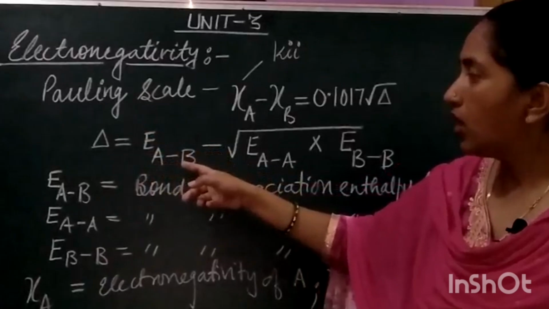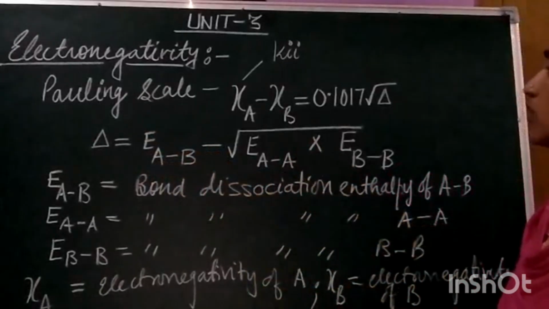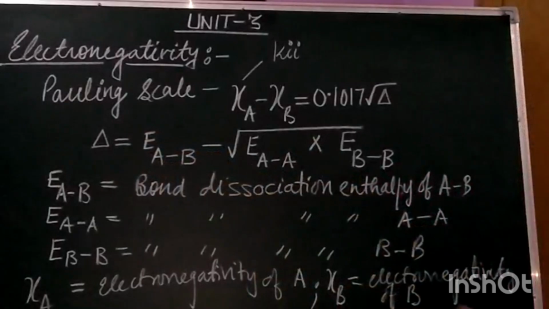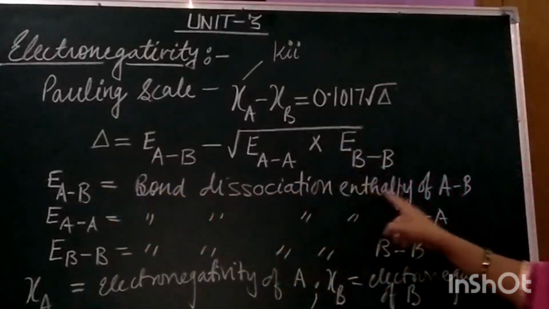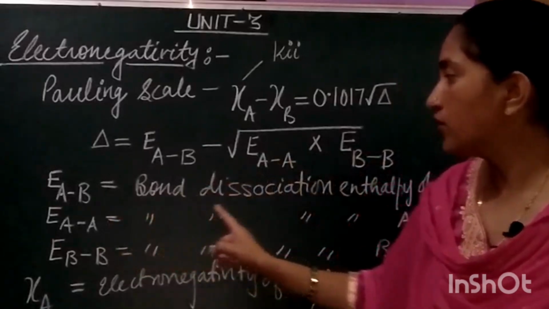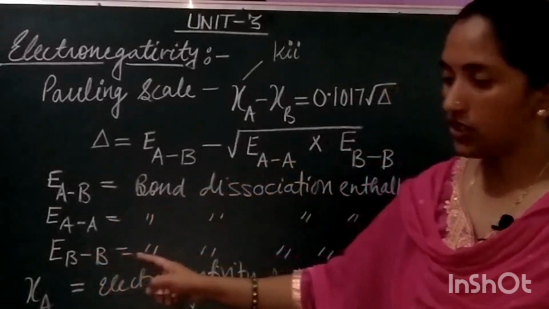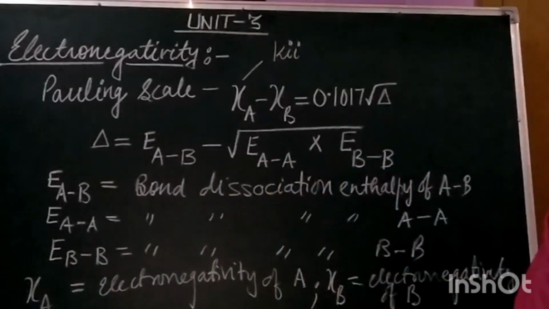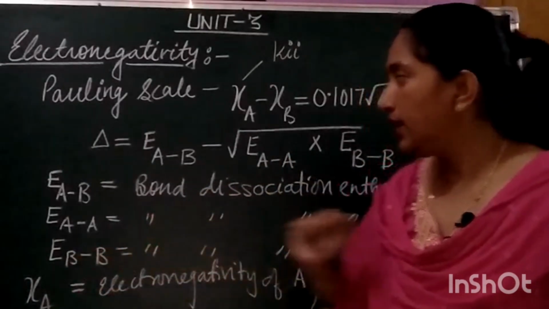That means we can say it is the difference between the bond dissociation enthalpy of a heteroatomic molecule and the square root of the product of the bond dissociation enthalpies of the homoatomic molecules, right? Here E(A-B) denotes the bond dissociation enthalpy of the A-B bond, E(A-A) denotes that of the A-A bond, and the bond dissociation enthalpy of the B-B bond is denoted by E(B-B).